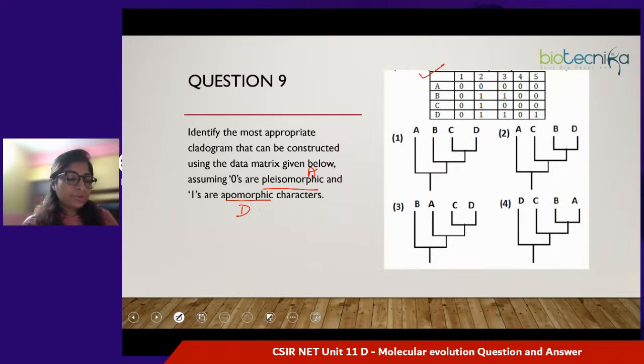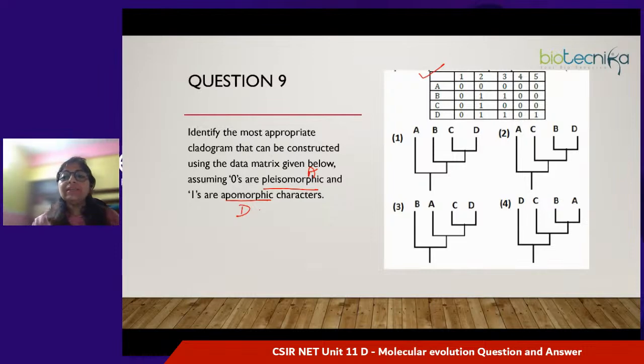Yes, anyone wants to give the answer? You have to read the table and make the phylogenetic tree.